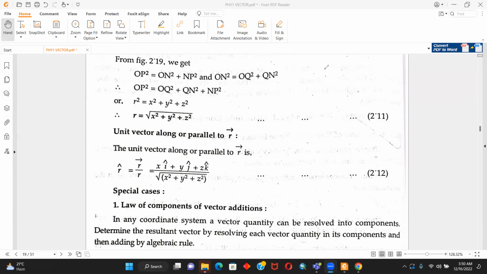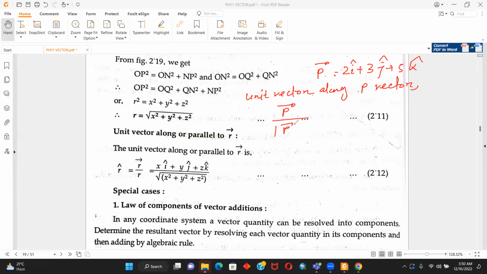Say, if I have a vector p vector equals 2i hat plus 3j hat plus 5k hat, then the unit vector along p vector will be p vector upon the magnitude of p vector, which will be 2i hat plus 3j hat plus 5k hat upon, how can we get the magnitude if the position vector is given in a three-dimensional space?